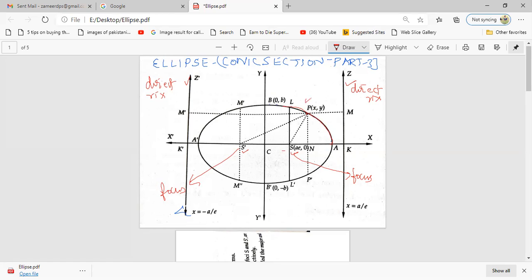This P point is the movable point. If you see the distances, PS starts from here and PM from this line. PS is more than PM, right?